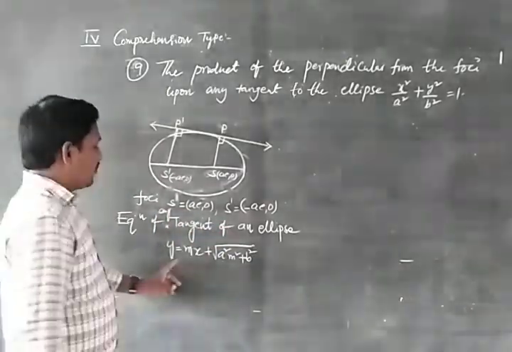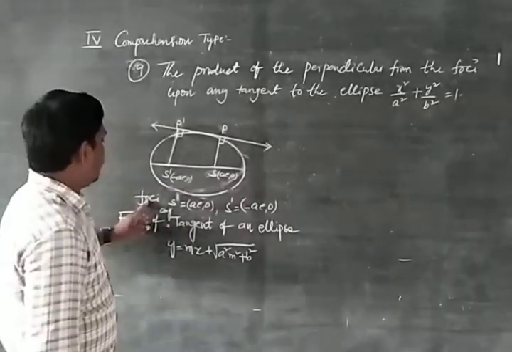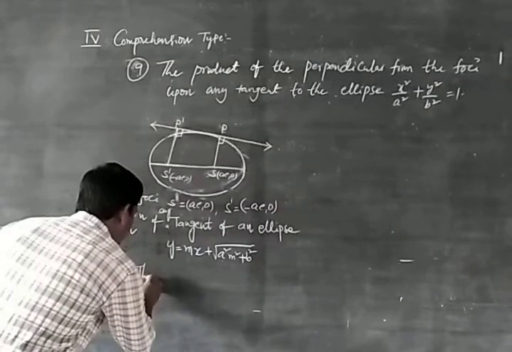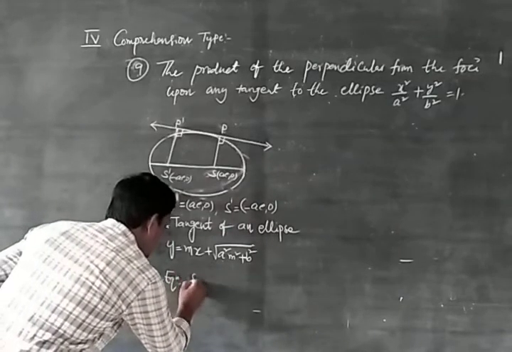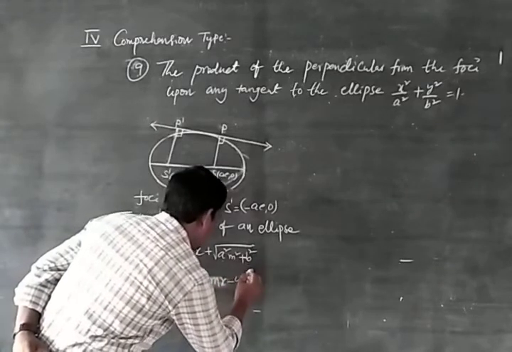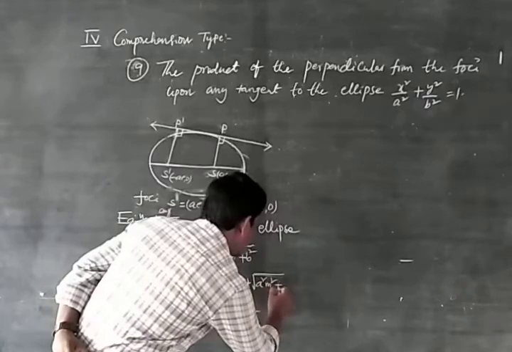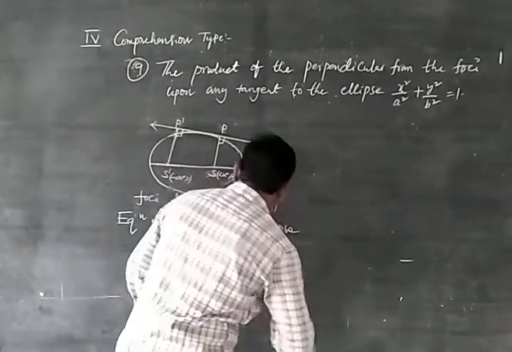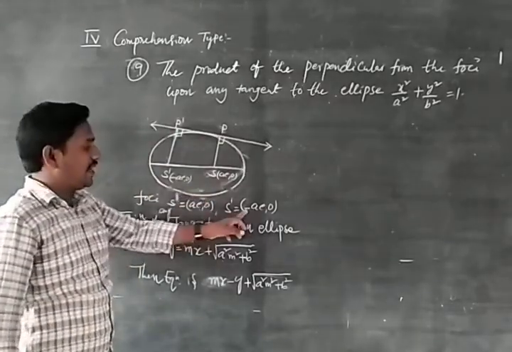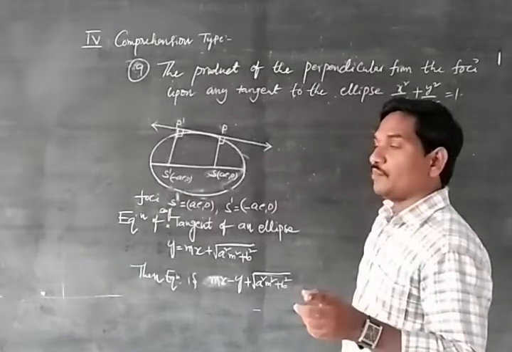Equation of any tangent of an ellipse: y equal to mx plus or minus root of a square m square plus b square.